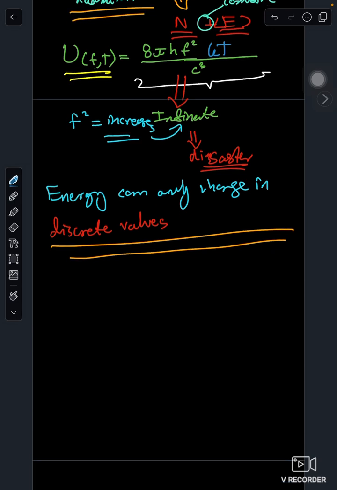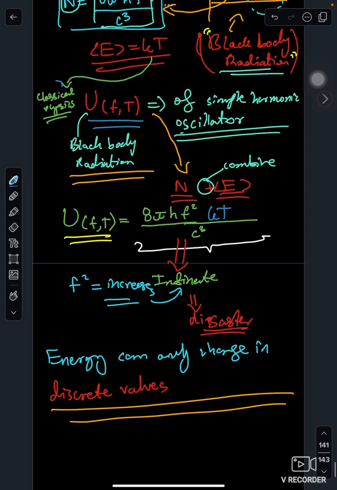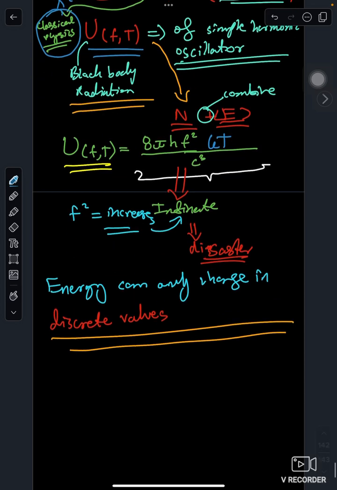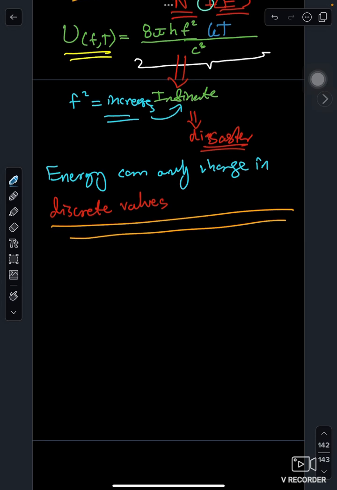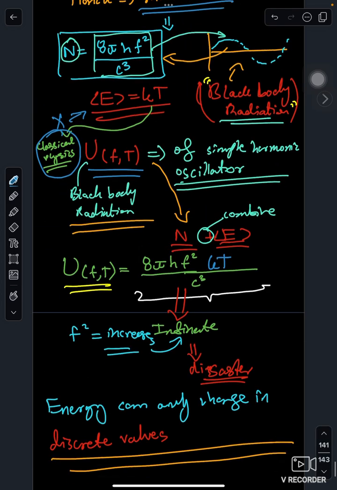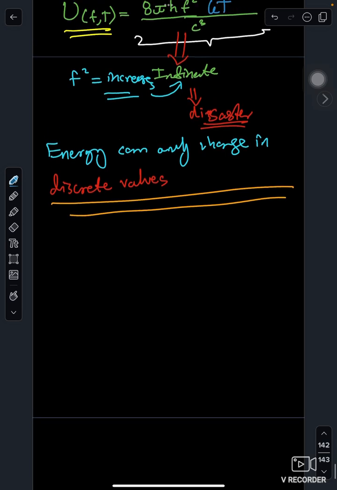Then he changed his way of thinking away from classical physics, because this method was wrong. It didn't work. Here energy is continuous, the change in energy is continuous.